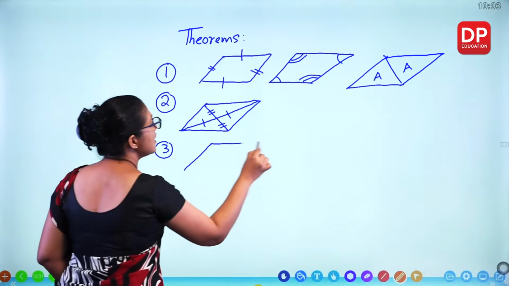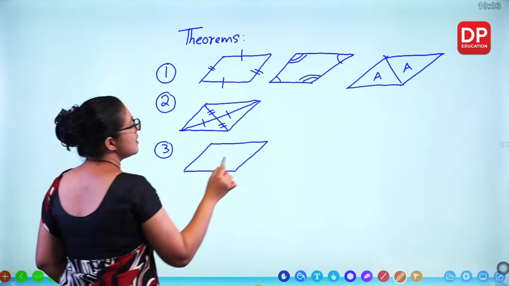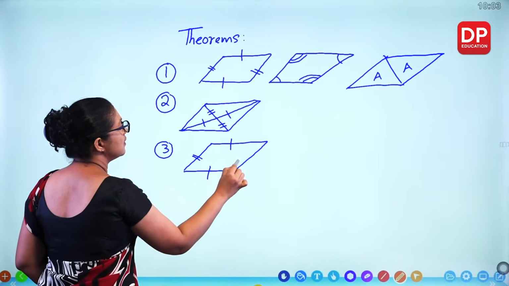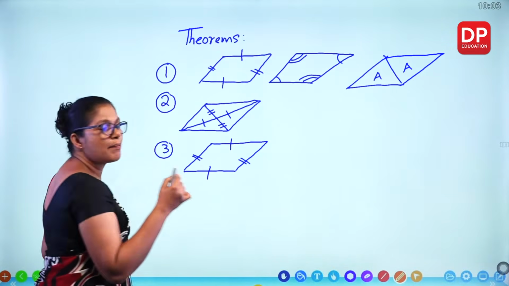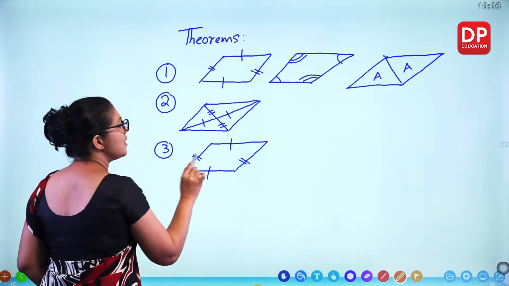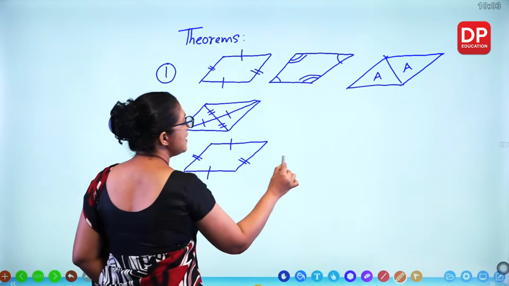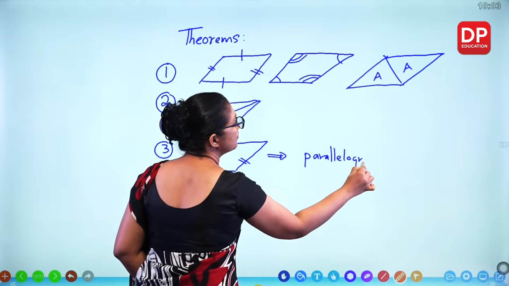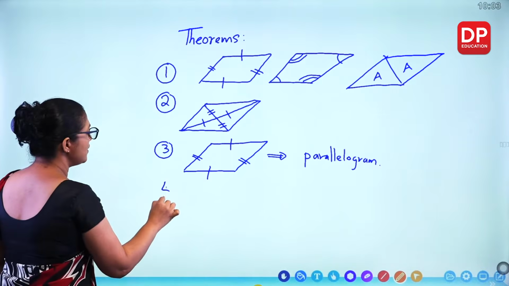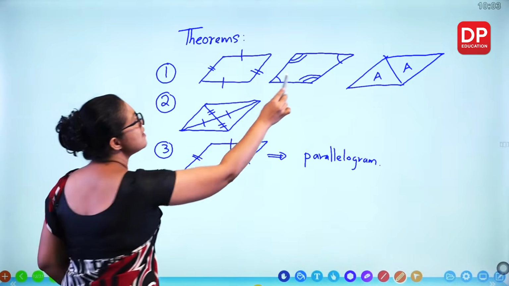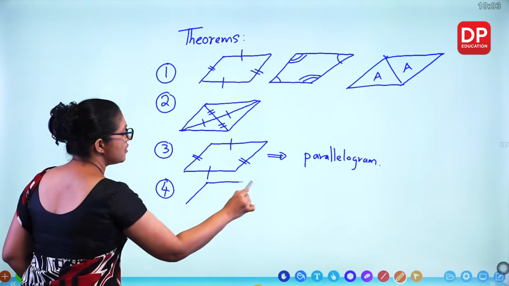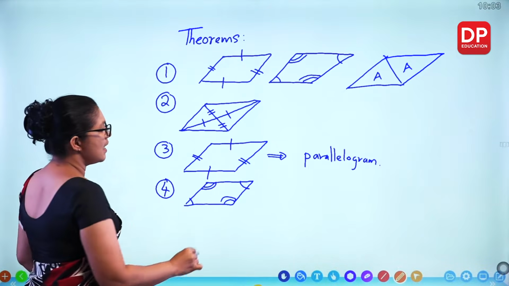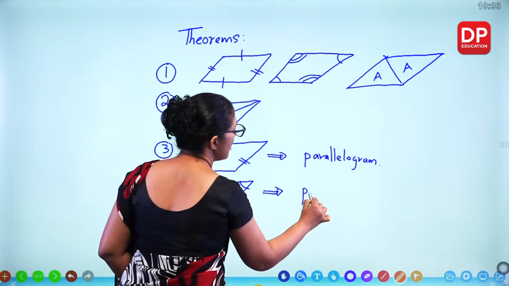If it's a quadrilateral and opposite sides are equal, then it's a parallelogram. Fourth one is the converse of this one. For any quadrilateral, if opposite angles are equal, then it's a parallelogram.